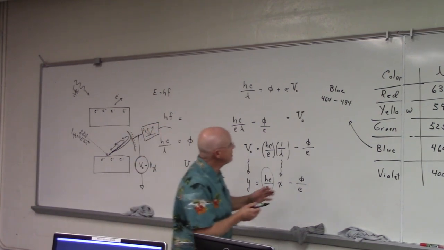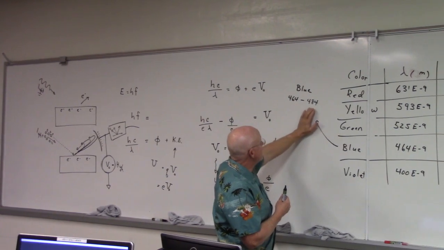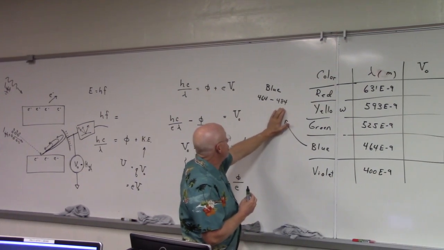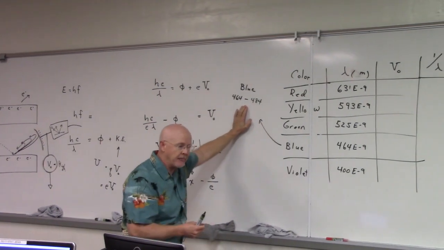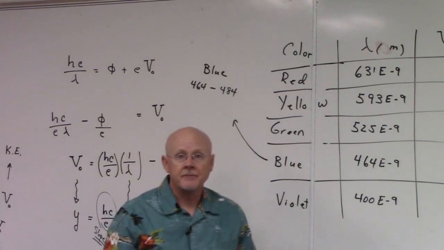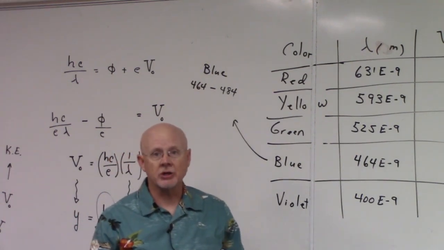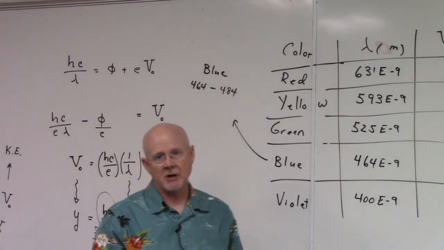Should you use the smallest wavelength? Should you use the biggest wavelength? Should you use the average of the wavelength? What should you do? Now, you can see that I gave you the smallest one. And so that kind of answers the question. You want the smallest one. But why? Why do you want the smallest one?